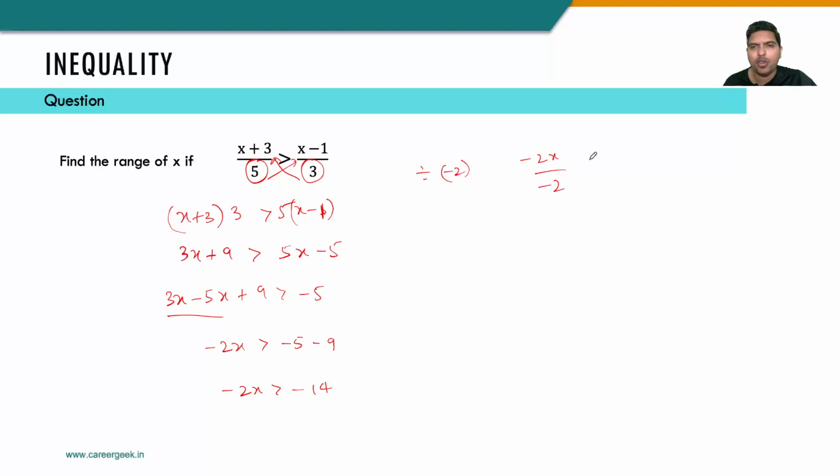What happens? Divide by negative 2, you reverse the sign automatically. Rest everything stays the same. This is our solution. When there is a positive, you can easily, without any second thoughts, take it to the other side.